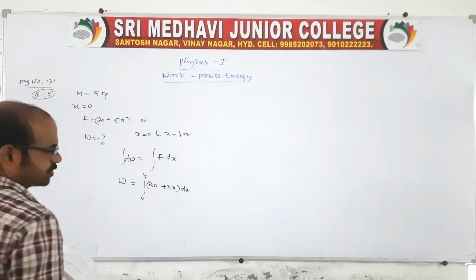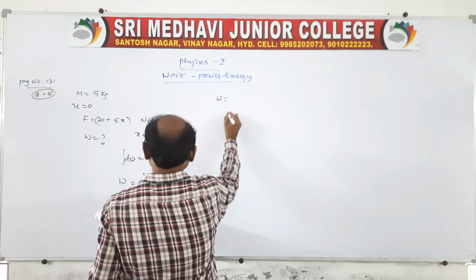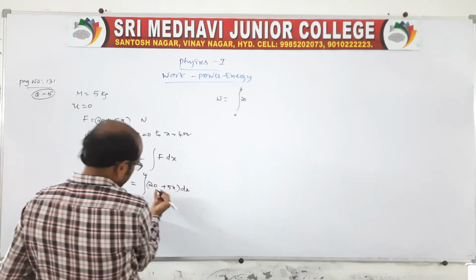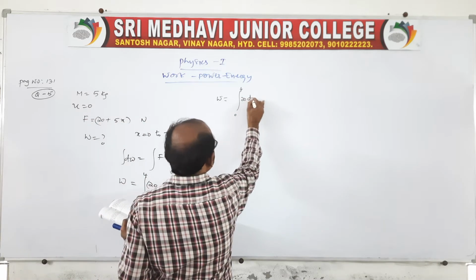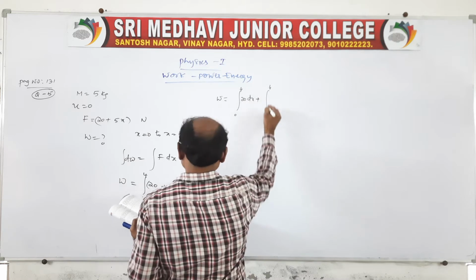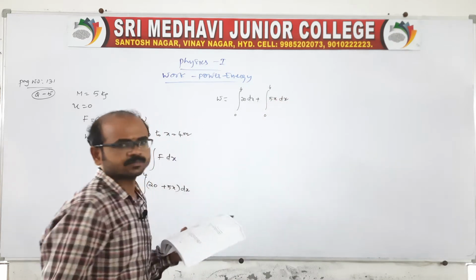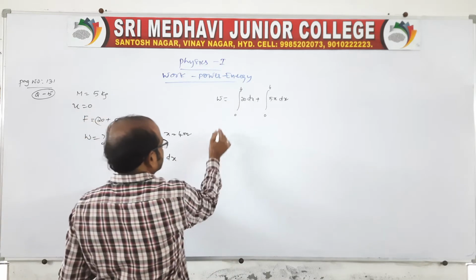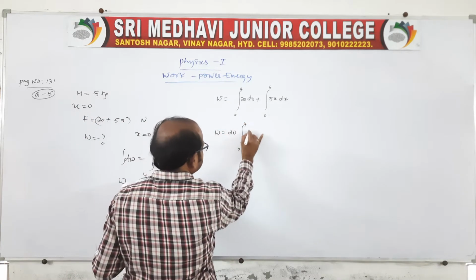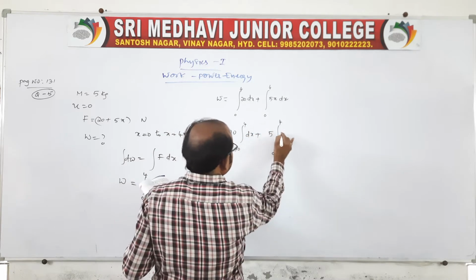Work done is equal to integral 0 to 4 of 20 dx plus integral 0 to 4 of 5x dx. Clear? Here you take 20 common, integral 0 to 4 dx, plus 5 common, integral 0 to 4 x dx.